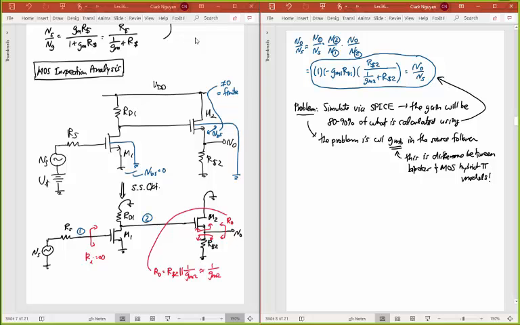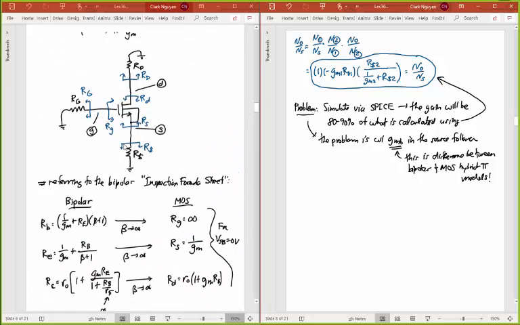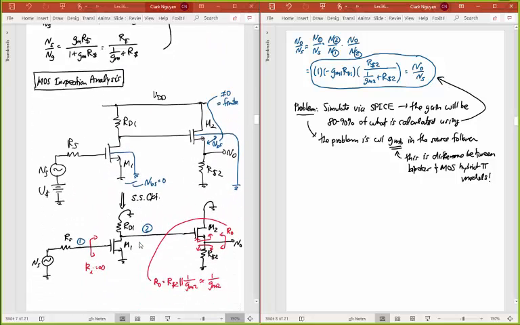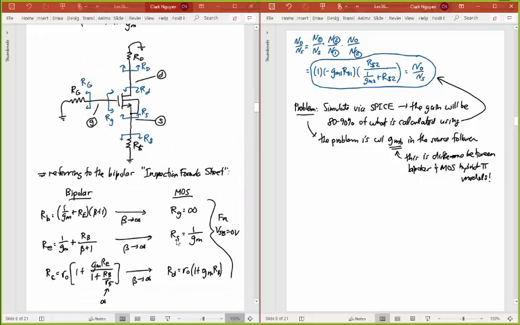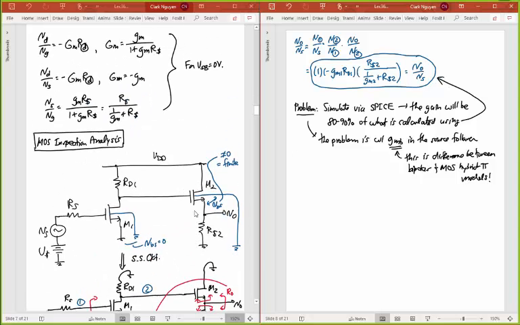Okay, and so because there's that difference in the models, the folly in what I'm doing is that I derived all these expressions up here for the case where the models were identical. Right? When I derived this and I derived these, that was for identical models. And they're identical models because I assumed that VSB was equal to 0.